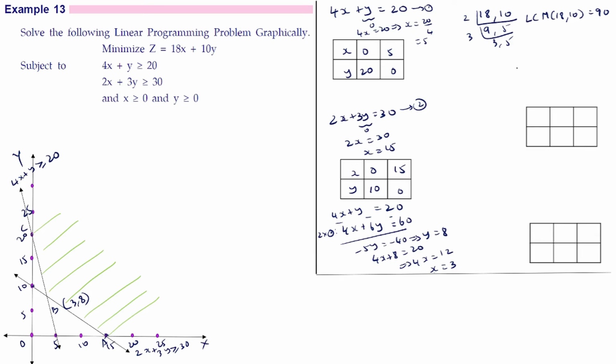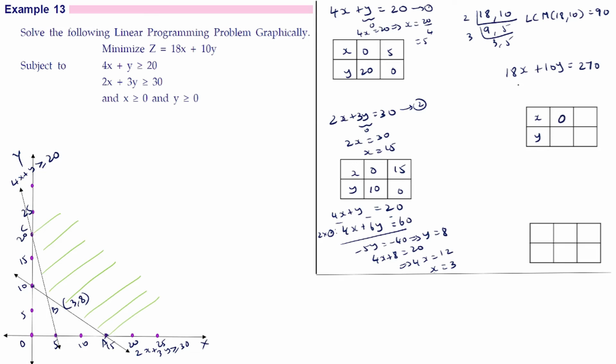So I am taking the first isocost line as 18x plus 10y equal to this LCM 90 into 3, which is 270. So let us draw the line corresponding to 18x plus 10y equal to 270. That is the first isocost line.